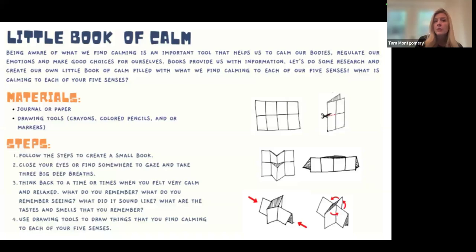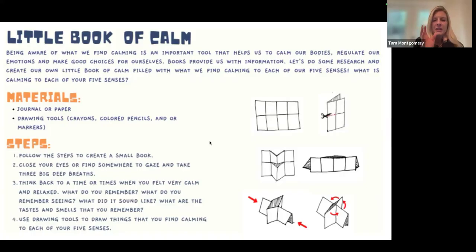That leads us to our little book of calm. I've done this a few different ways. You could do this on just paper, and I'll show you an example, or you can make the book. I did this with first grade, and I learned that I didn't like to make the book with first grade because they had trouble cutting this middle part.